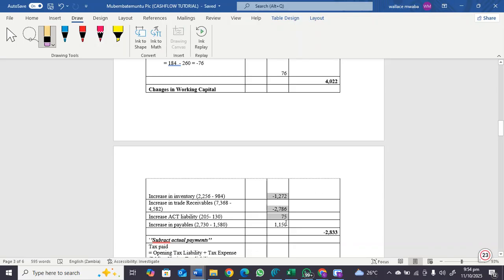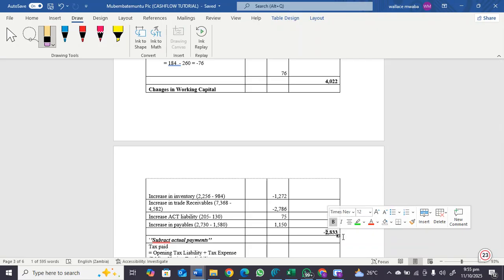Once you add these four, you get negative 2833. Then you're done with your changes in working capital.